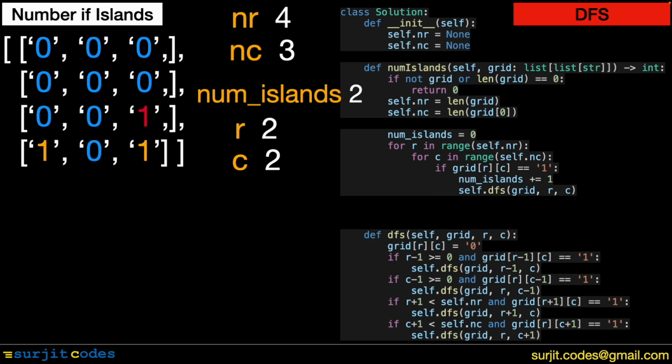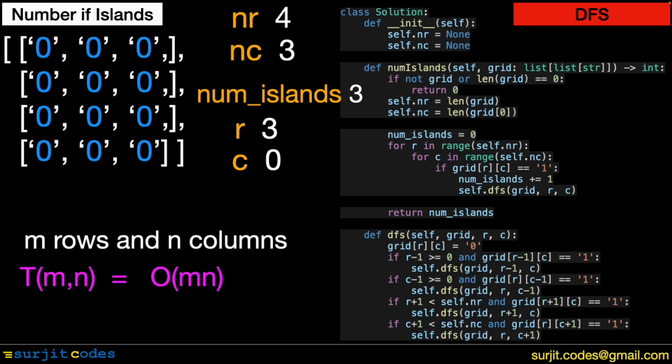So the number of islands is increased to 2 and the pivot along with its neighbor are replaced with 0 in the DFS calls. Cell 3 0 has another 1. So islands become 3 and the cell becomes 0. No other 1 is present and the loop terminates. 3 is returned as the final answer.